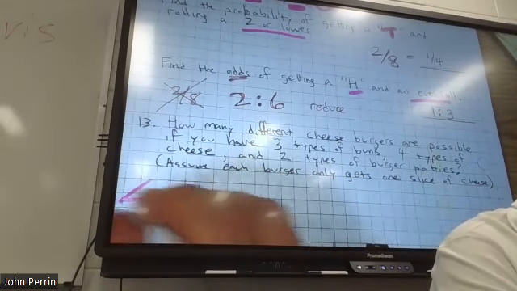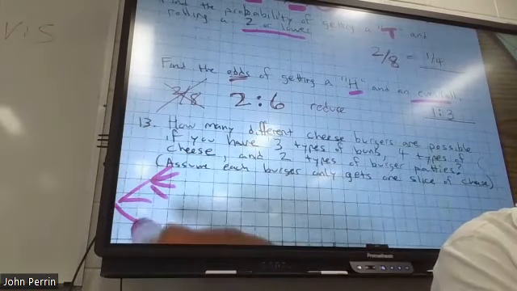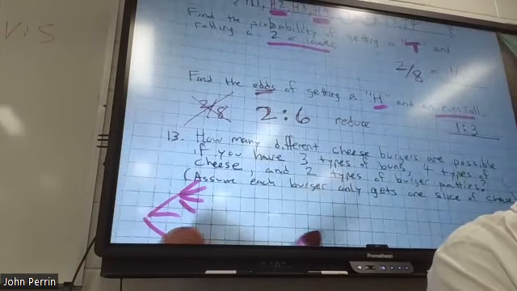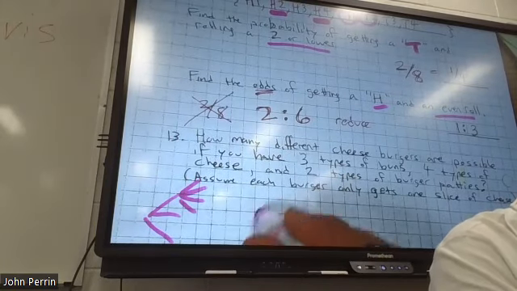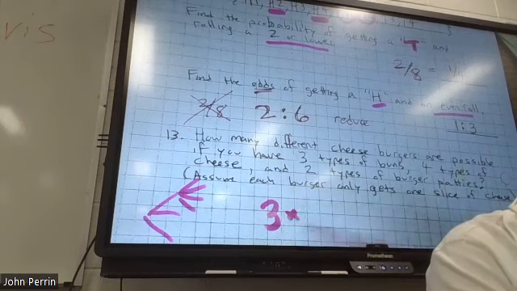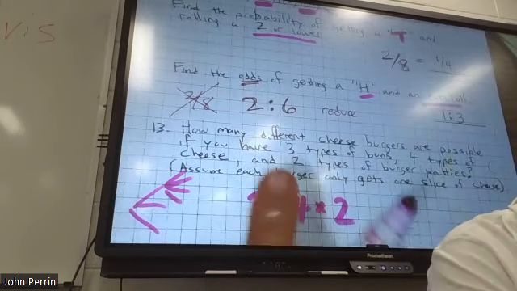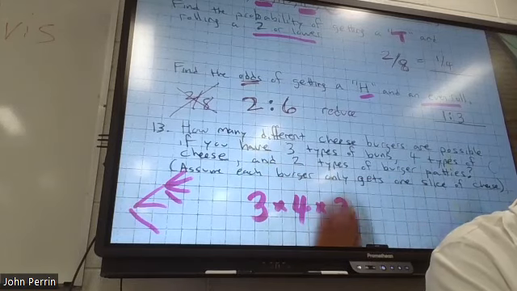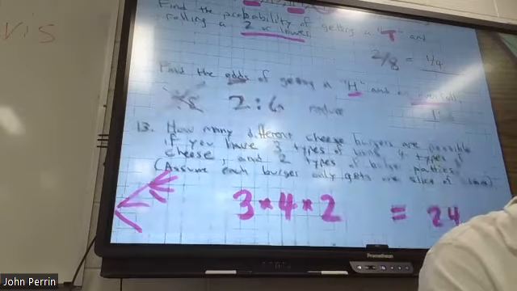If you have 3 types of buns, and then for each choice there's 4 cheeses, and you start drawing a little branching tree diagram. The shortcut to this was 3 times 4 times 2. 3 types of buns, 4 types of cheese, 2 types of patties. So that's going to be 24. That wasn't too bad.